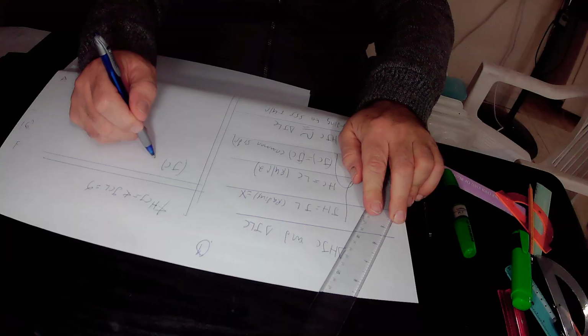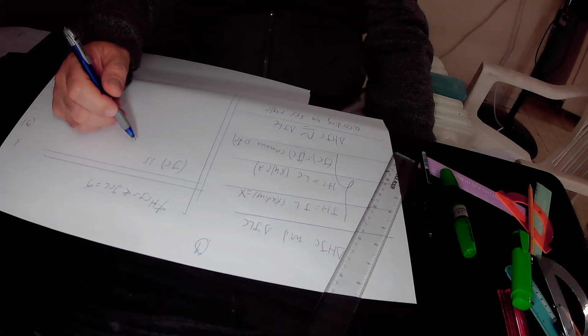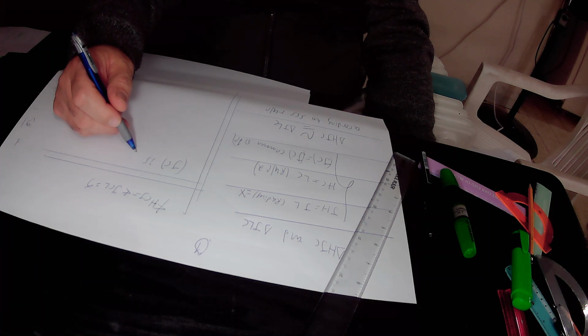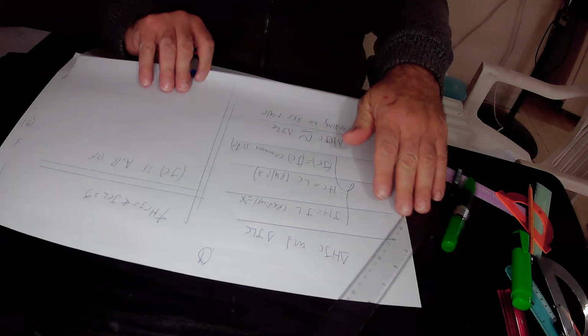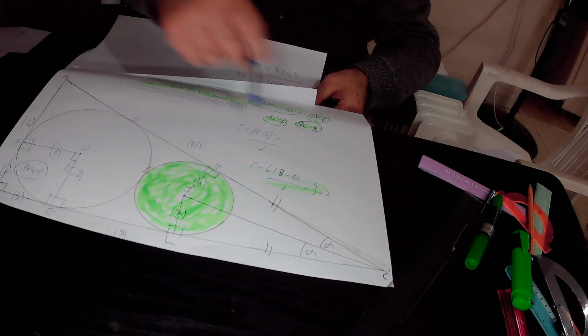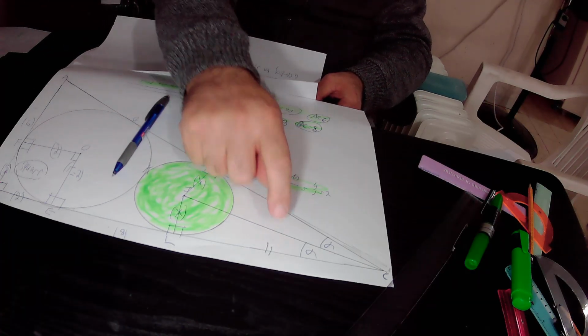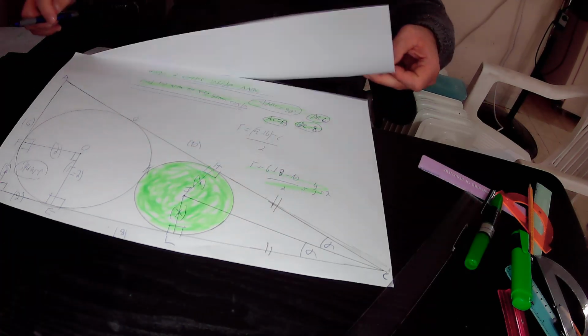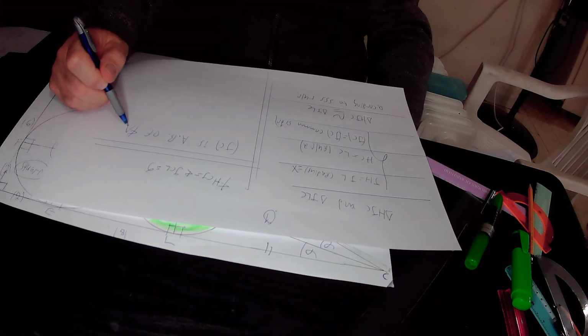Here AB is an abbreviation for angle bisector. It bisects this angle ACB into two halves, each half equals alpha.